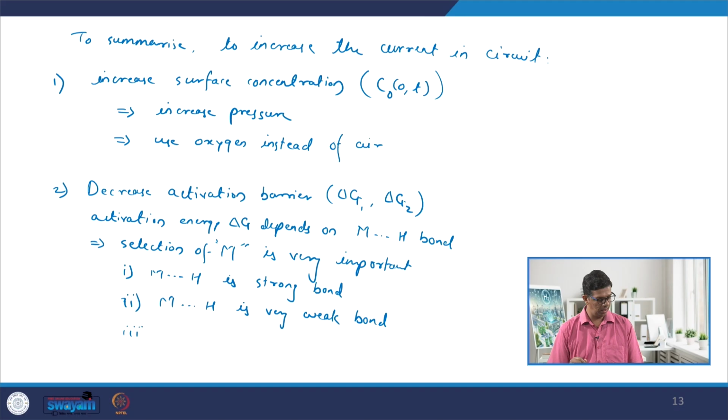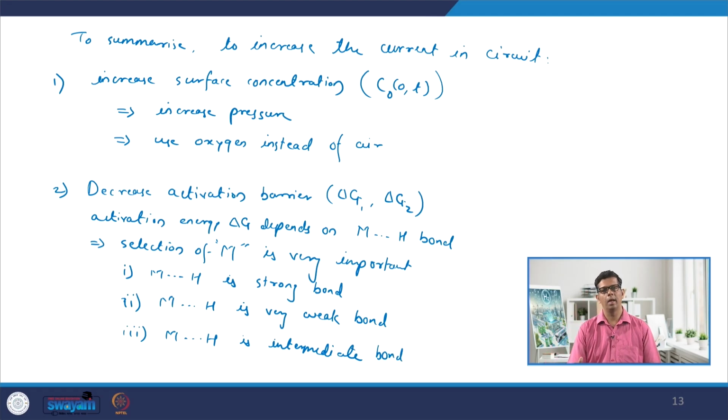That is very important. It should neither be very strong, nor very weak. It should not have very high affinity towards M, nor should it have too little affinity towards the metal nanoparticle. So, if it has an intermediate bond, the reaction rate will be increased.